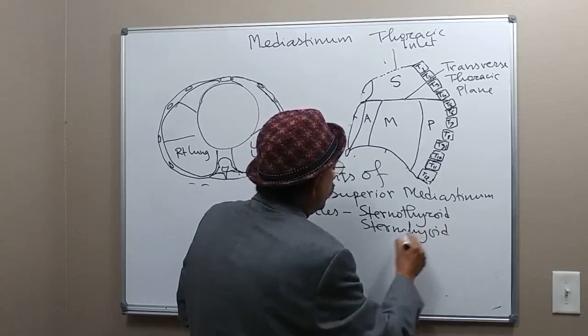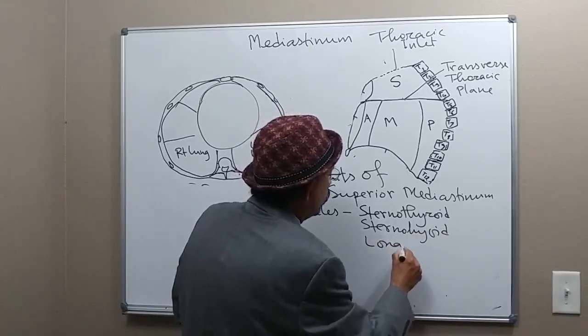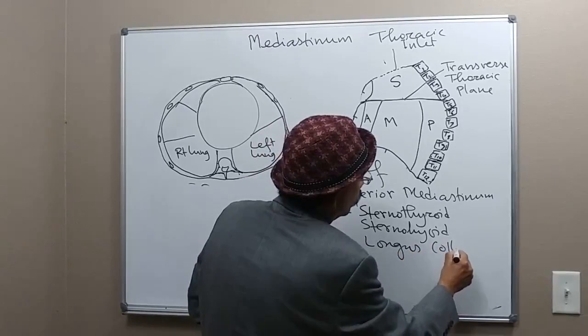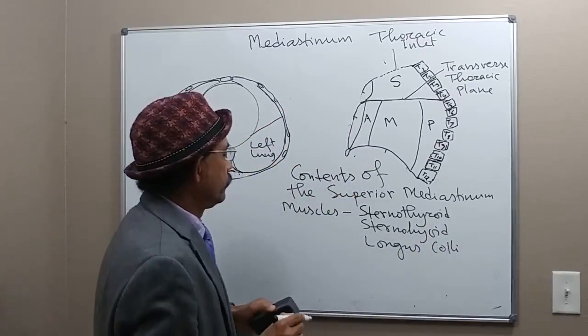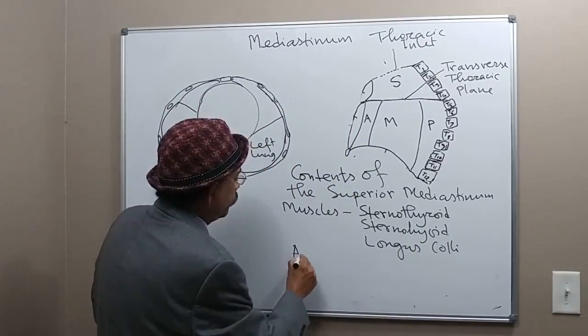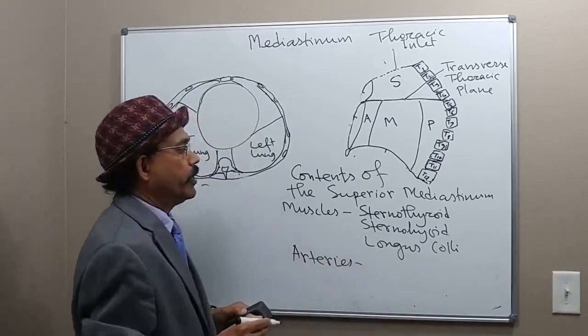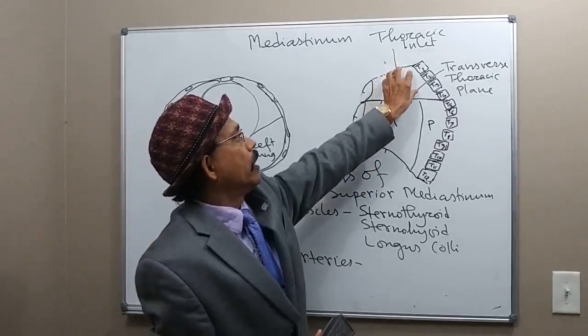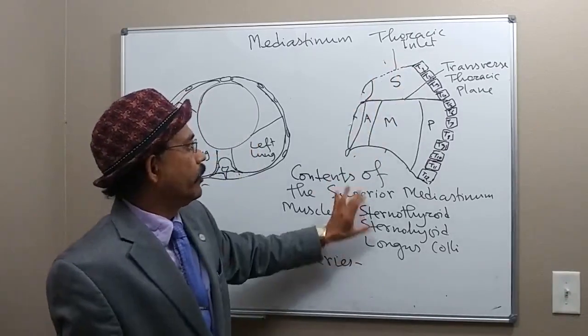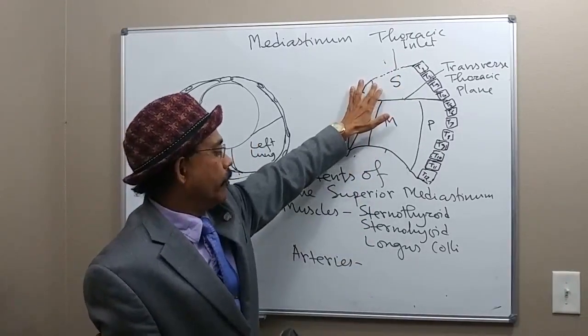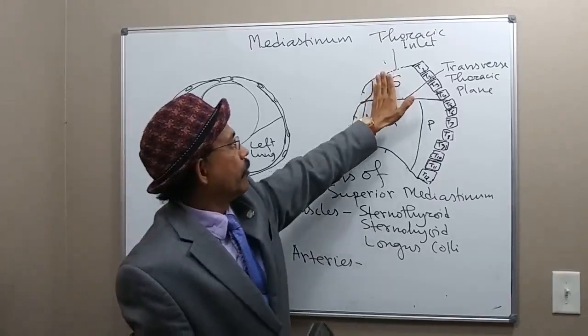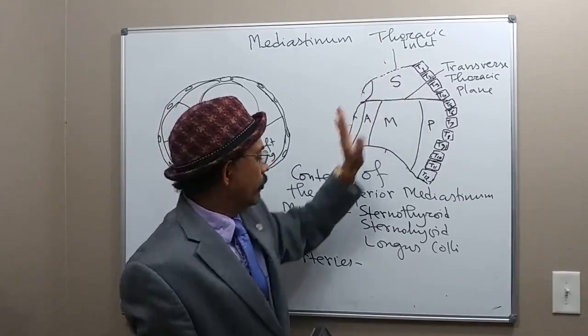Content of superior mediastinum. What are the arteries here? We have muscles here: sternohyoid, sternothyroid, longus colli muscles.